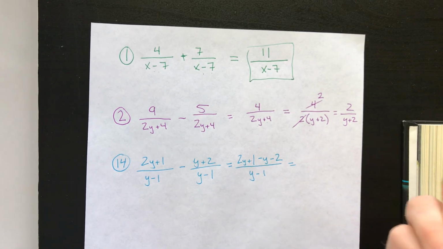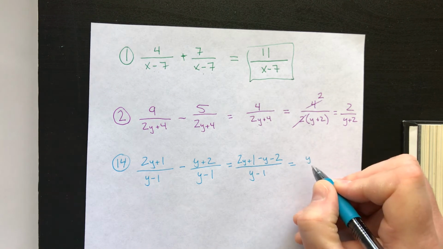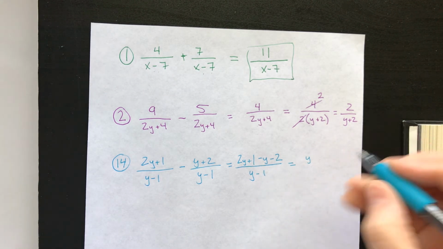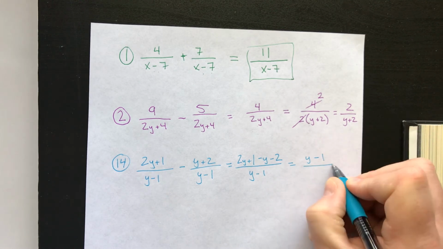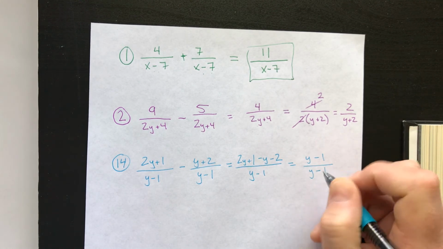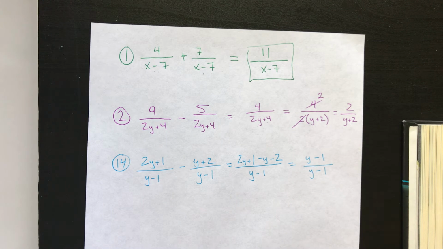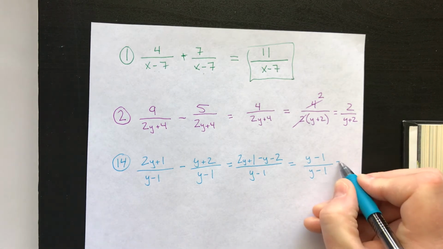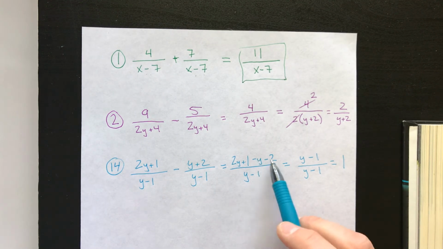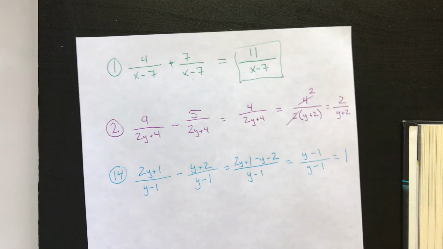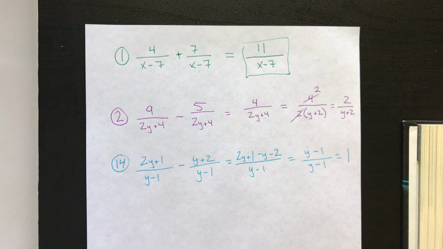So 2y minus y, that's y. 1 minus 2 is negative 1. So we have y minus 1 over y minus 1. Well, what do you think is going to happen there? They cancel. Your final answer is 1. The key there is to remember to change the signs on the y and the 2.